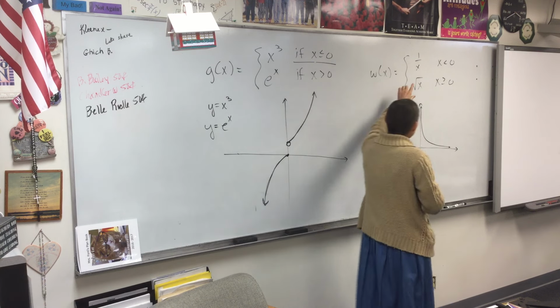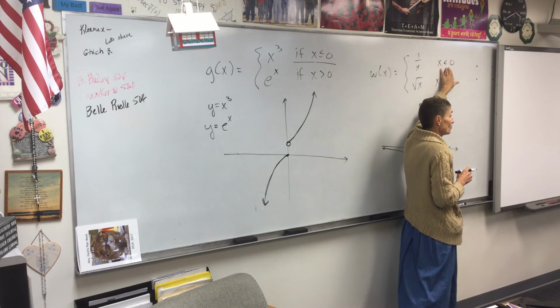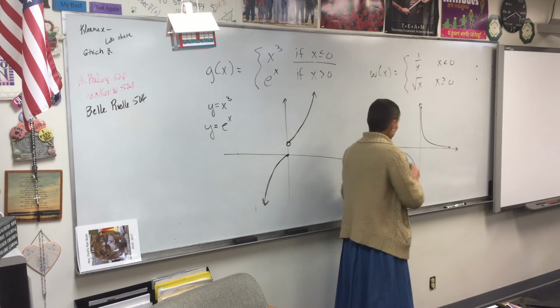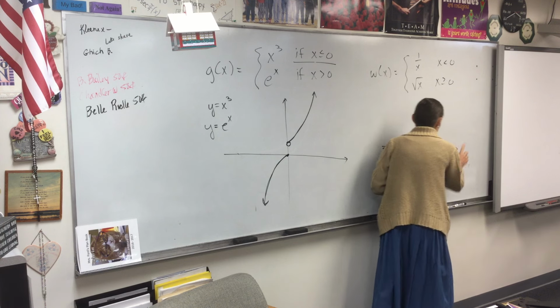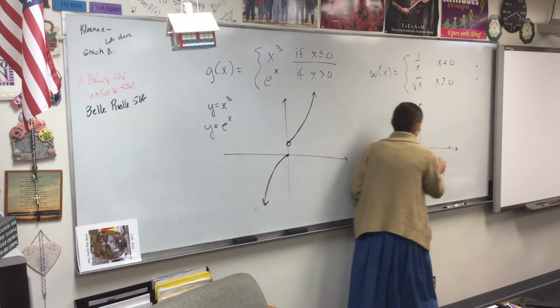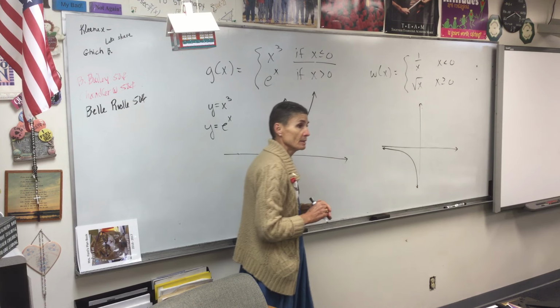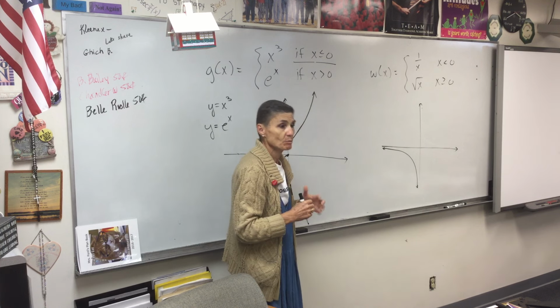Because for that curve, I'm only interested in where x is less than 0, and that would be over here, right? So I want this piece, but I don't want that piece. So some of you probably just didn't even draw that piece because you're thinking ahead, and that's fine. If you're at all confused, just draw the whole picture and erase what you don't want.